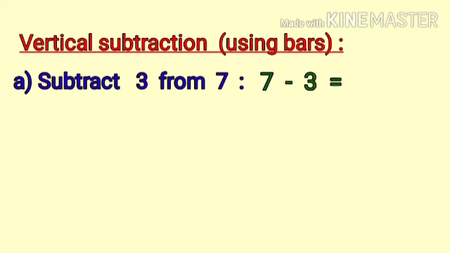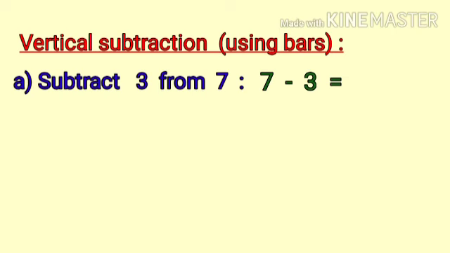Now to do vertical subtraction, we have to arrange these two numbers one below the other. Is it clear, children? To do subtraction, first we should write the bigger number.